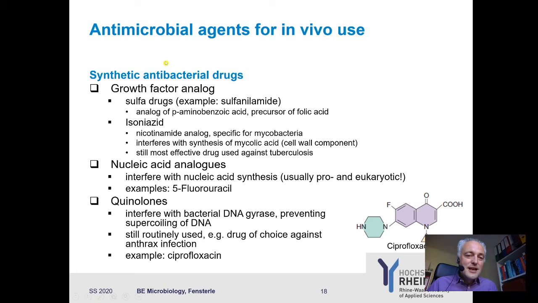The first antibacterial drugs were indeed synthetic sulfur drugs. And there are a couple of drugs still in use which are based on nucleic acid analogs, for example, or quinolones. They are still used for treating bacterial infection. For example, ciprofloxacin is still in use, and this is not a drug coming from a natural source. So they are synthesized.